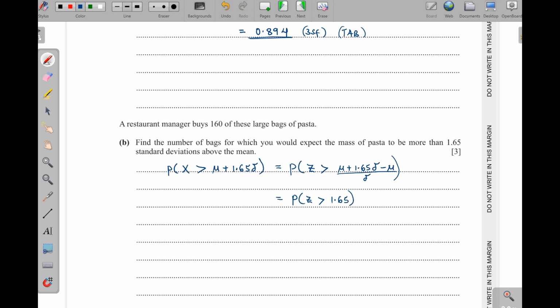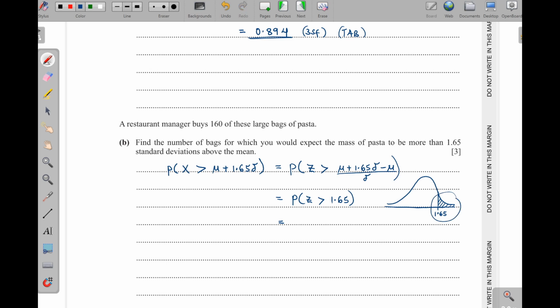You see? Now, from here, I can use my calculator. If you are using a table, let me sketch something small here. I have 1.65 here. But remember, in the normal distribution table, they give you this region here for the less than.